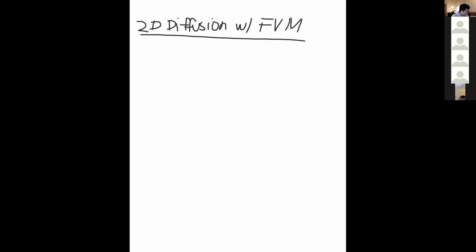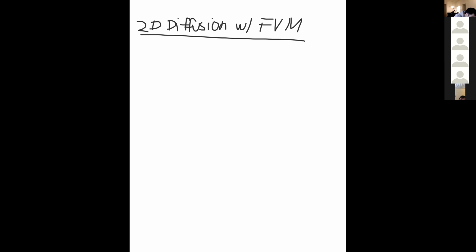Okay, so let's get started. Where we left off last time was 2D diffusion with finite volumes. We were trying to evaluate the diffusive fluxes on our element, right?